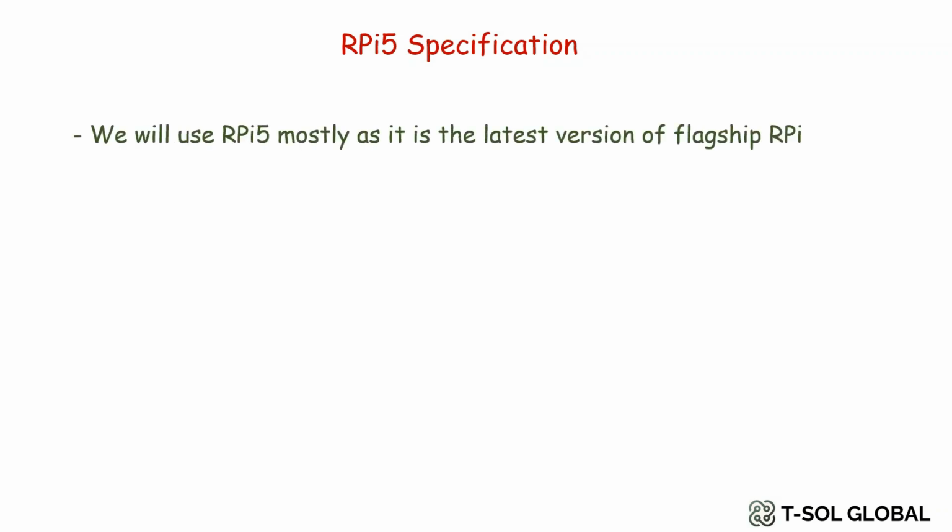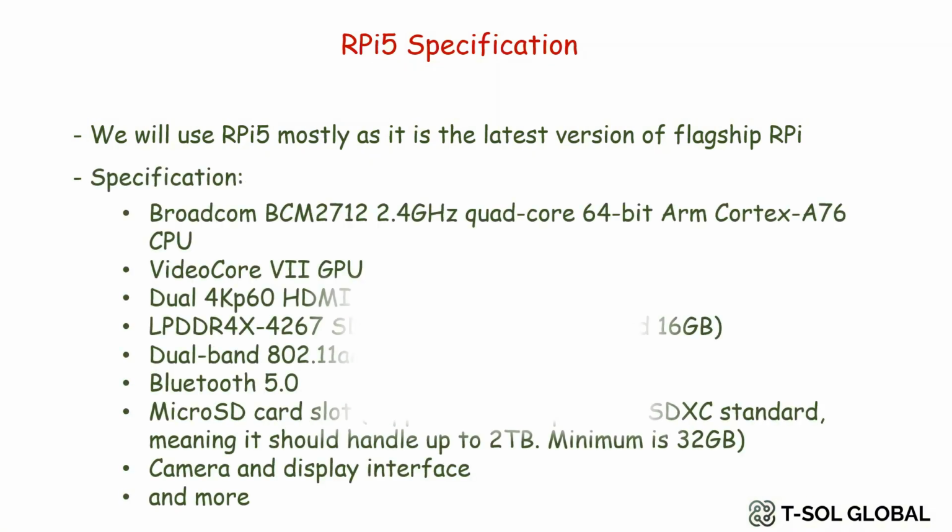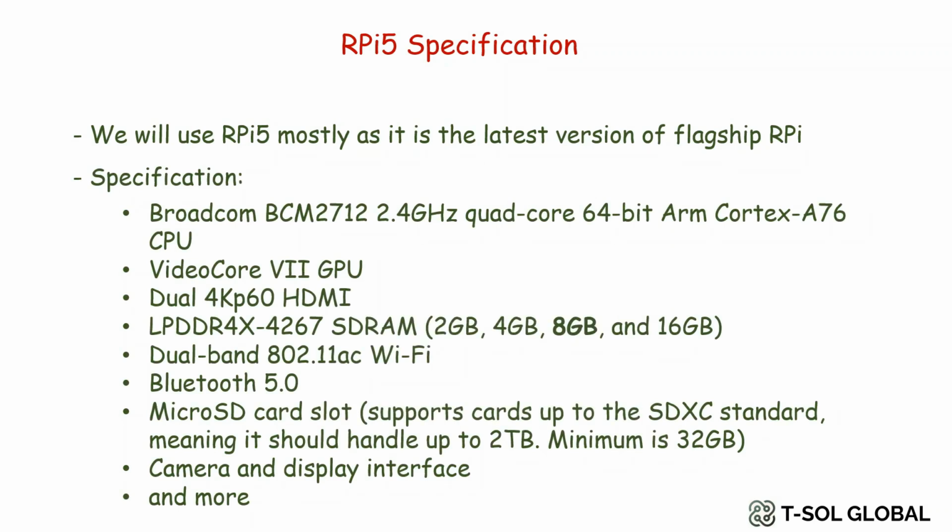So next you'll see the specification for the Raspberry Pi 5, and we'll mostly use Raspberry Pi 5 in this series, because this is one of the latest flagship Raspberry Pis. So it includes Broadcom BCM2712 2.4 GHz quad-core 64-bit ARM Cortex-A76 CPU.